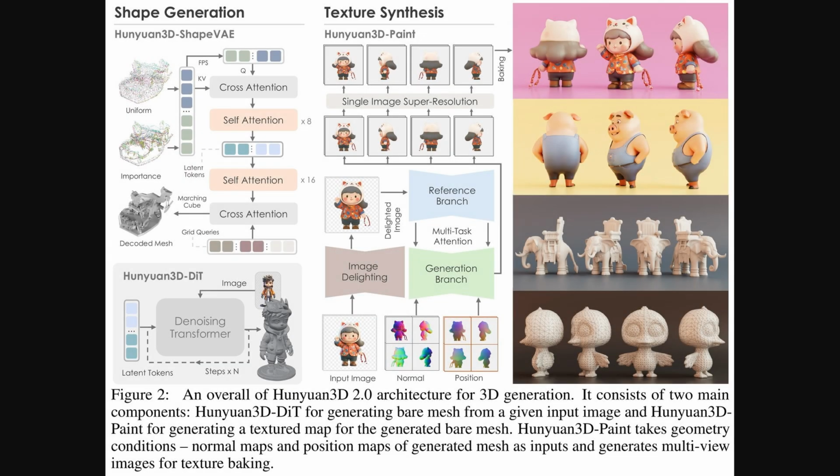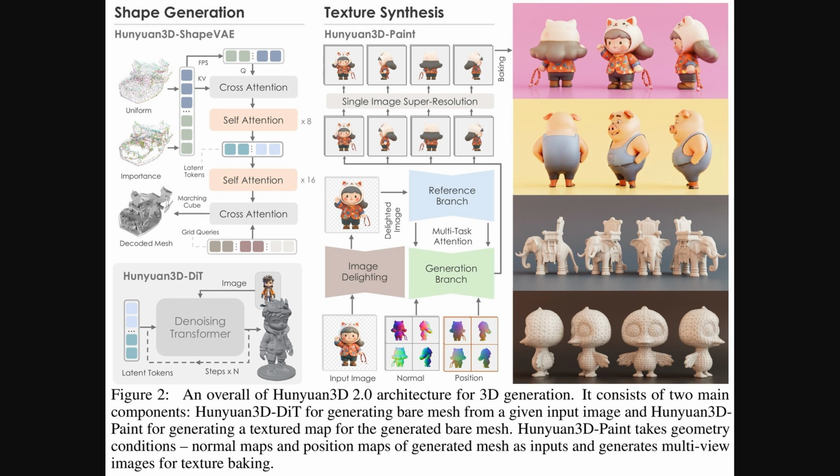Alright, this figure 2 gives us a more detailed schematic of the system. For shape generation, it shows Hunyuan3D Shape VAE using importance sampling, a method to focus on critical shape details, and attention mechanisms, which help the AI weigh data relevance. The final mesh is then constructed, often using an algorithm called marching cubes, for creating a surface from data points.